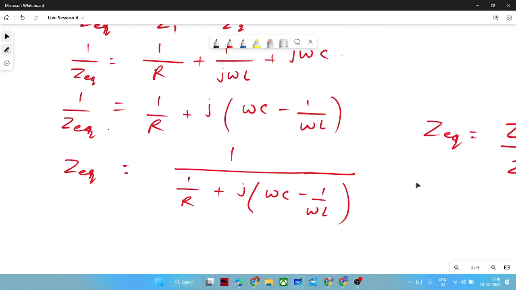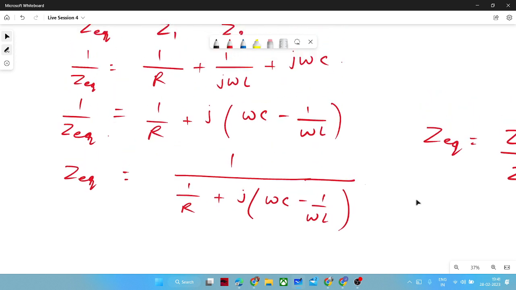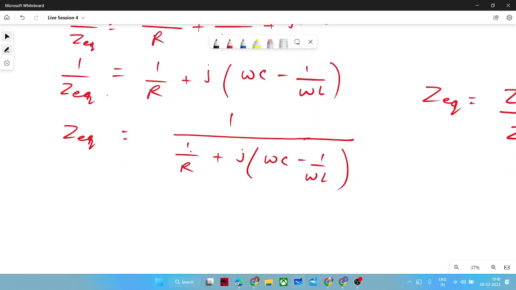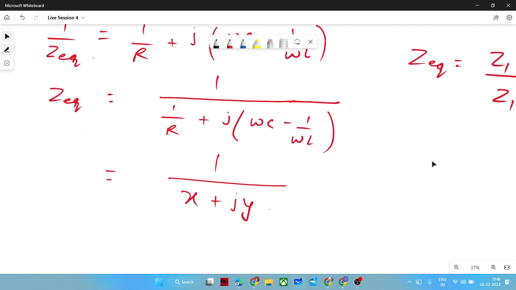Correct. So the angle will be, you will land up with some certain value, x plus jy kind of thing. This will be your Z equivalent.